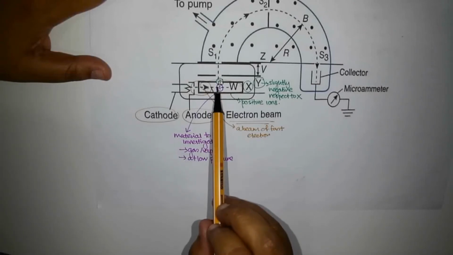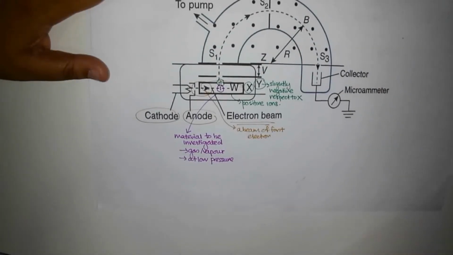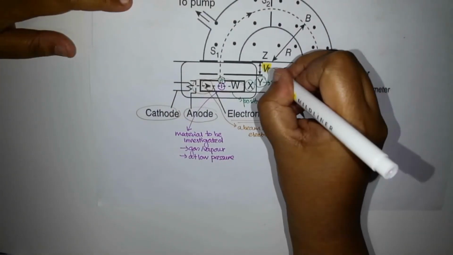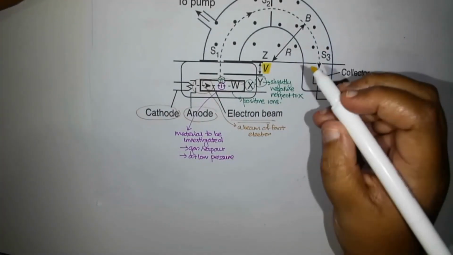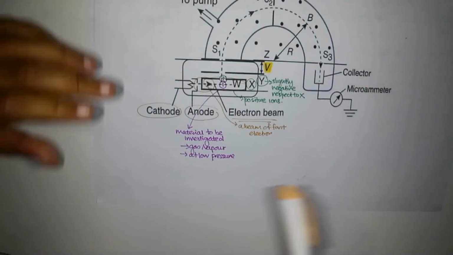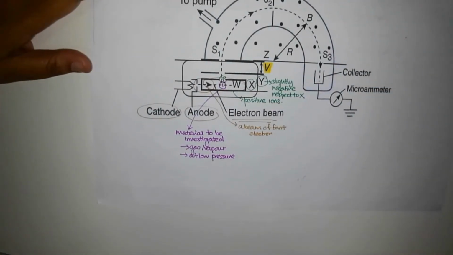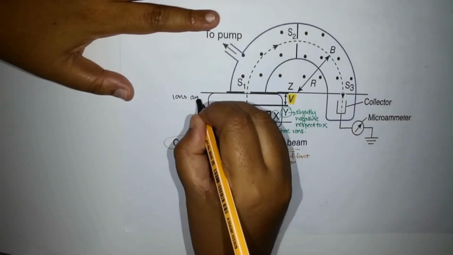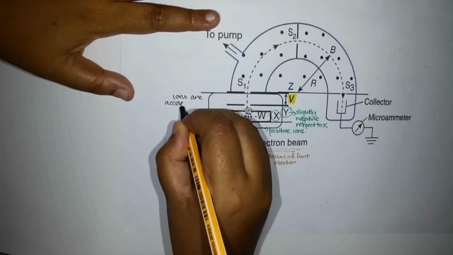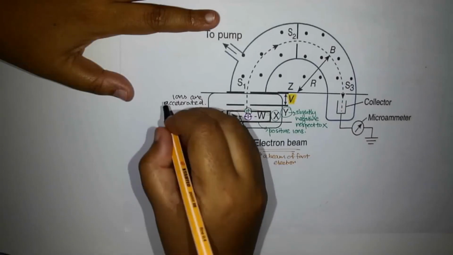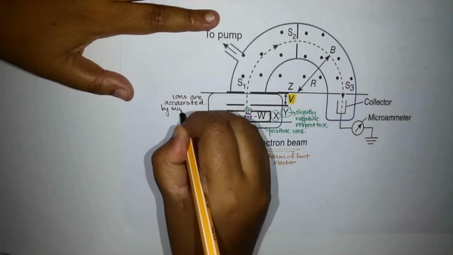Now when it's drawn out, you can see here we have a voltage between electrode Y and Z. So we can say that the ions are accelerated by a much greater potential difference.